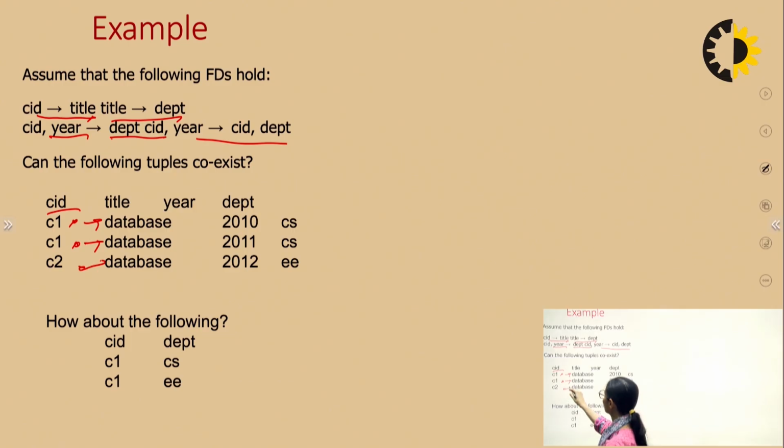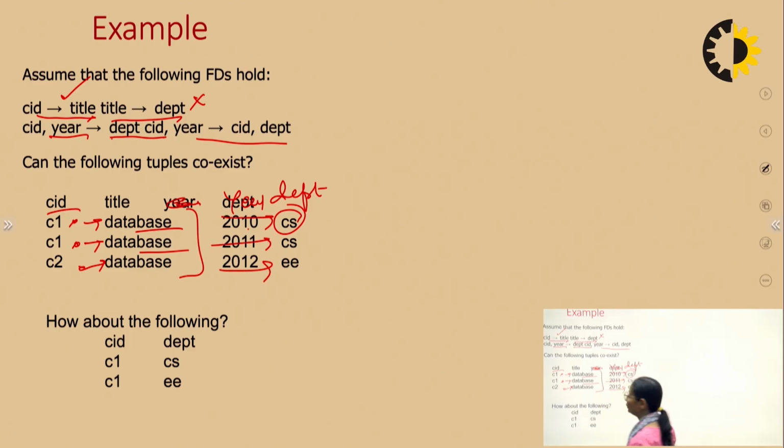Here C2 corresponds, so this will follow. Title to department: here title and department database, so this will create a problem. Then CID and year, both are the department. This is year. So here title and department, that is title database, now 3 database, and we are having 2 values of beta. So again it won't exist.